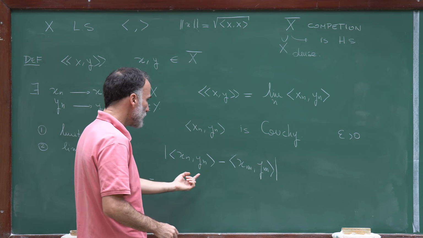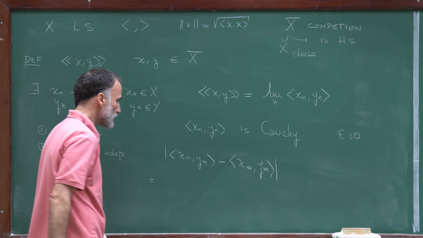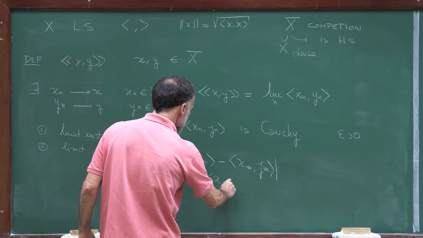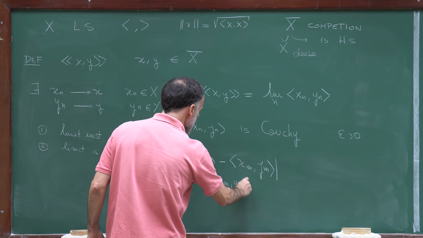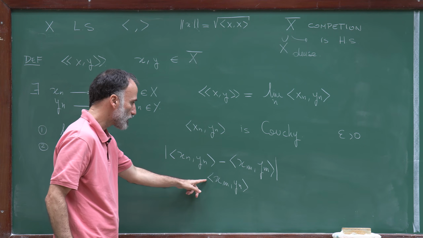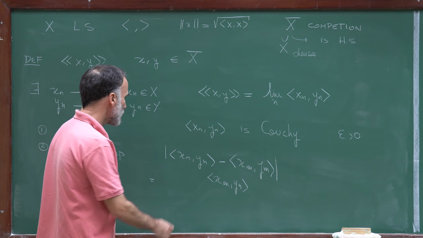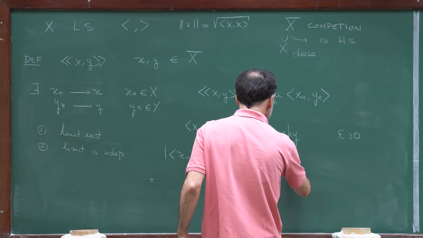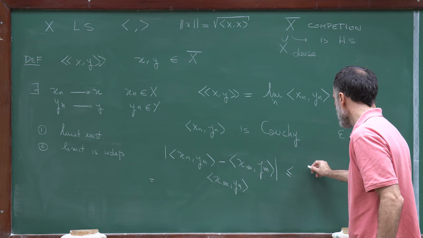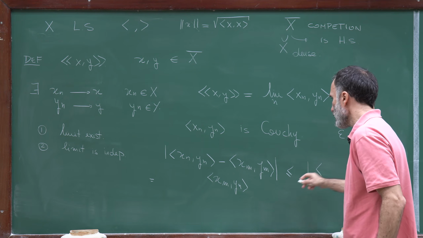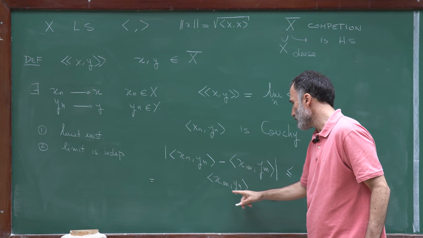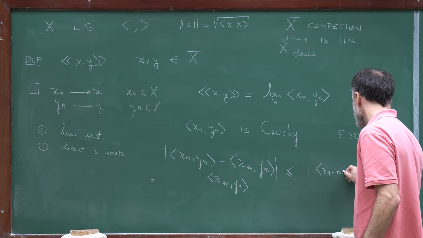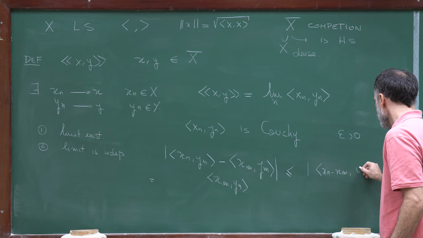So I'll introduce in this expression the term (xm, yn). So I add and subtract (xm, yn), and I will first compare these two. So this is less or equal than, well, this term minus that one by linearity, it's (xn minus xm, yn).